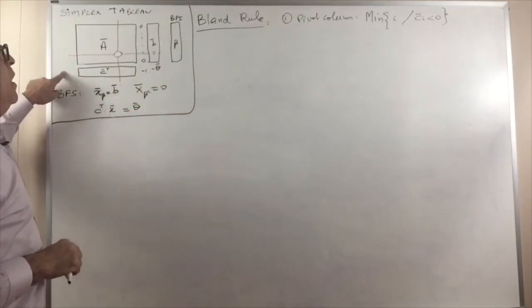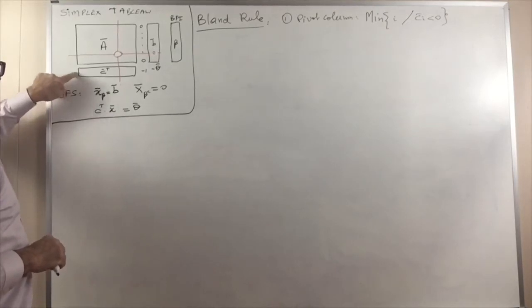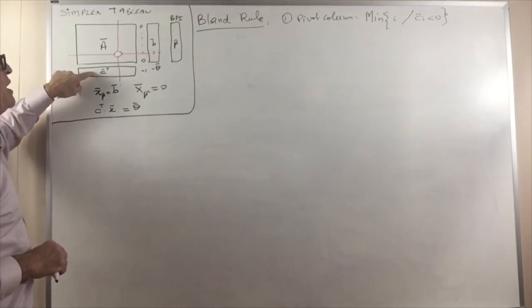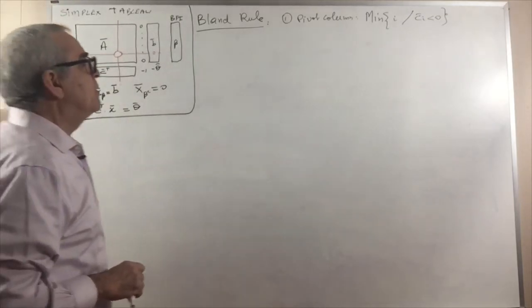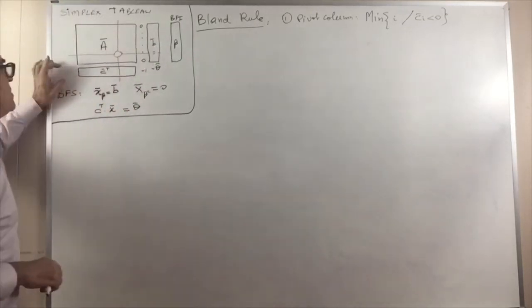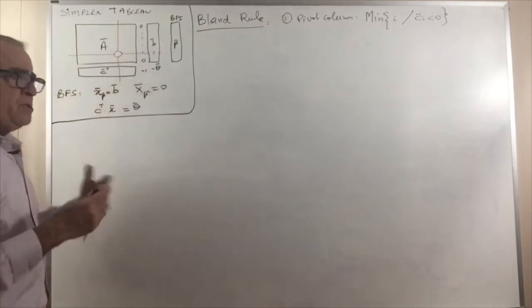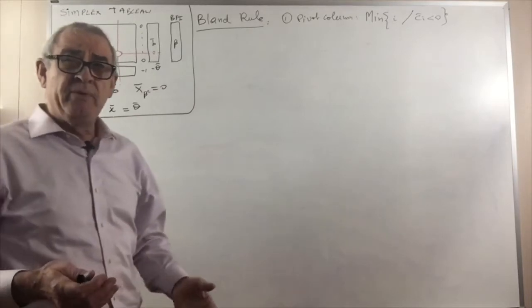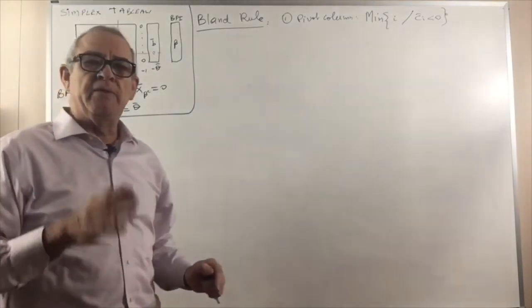In other words, we start from here, and we go down, and the first time we hit a negative number, that's our pivot column. Whereas the regular simplex looks at all the elements and chooses the most negative C bar. That means that it's taking the steepest descent.